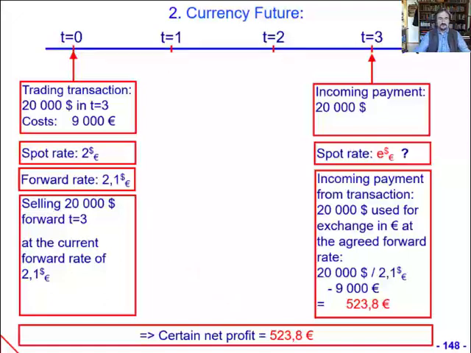So this is another possibility to completely eliminate the exchange rate risk. The net profit here is a little bit smaller than before when we used foreign currency credit, but this depends of course on the special market conditions, and these market conditions can change in the course of time.